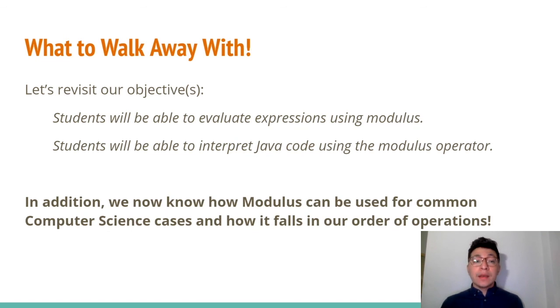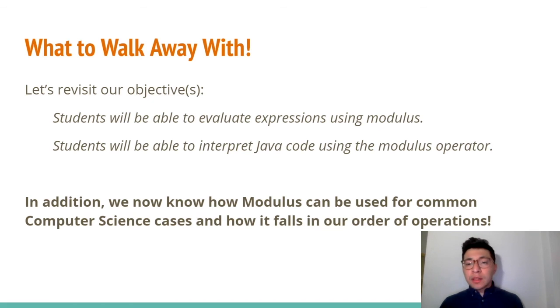Second, what does it look like if I implement it using Java code? Creating some variables here, printing it out, doing our modulus. Does it make sense? Do those things go hand in hand with what I think it's going to evaluate to? That's what I want you to walk away with primarily from this video.